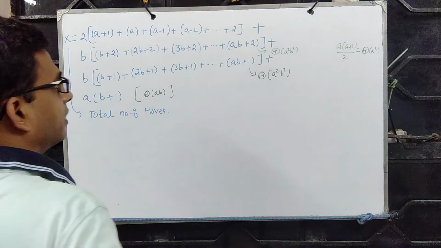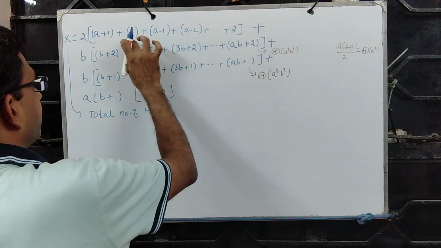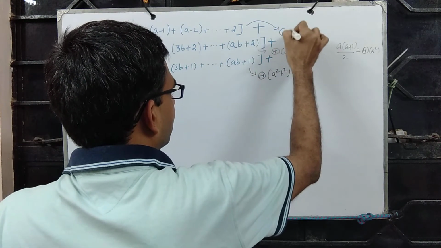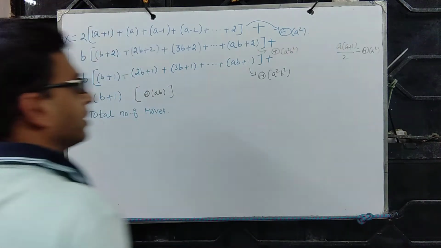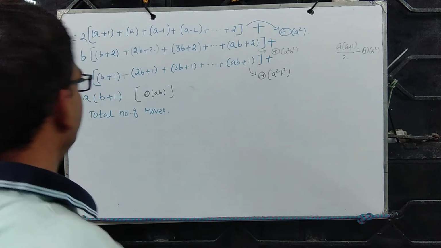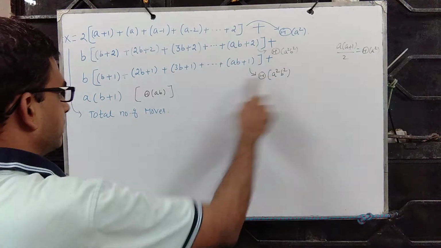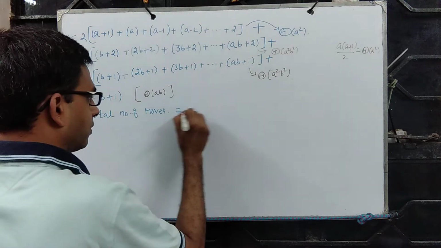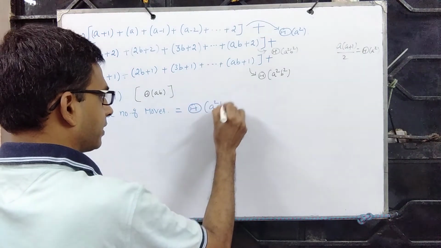And this one, if you see from this side, 2 plus 3, and so on up to A plus 1, this is theta of A square. So this component is theta of A square, this component is A square B square, this one is A square B square. So overall, the total number of moves is theta of A square B square.